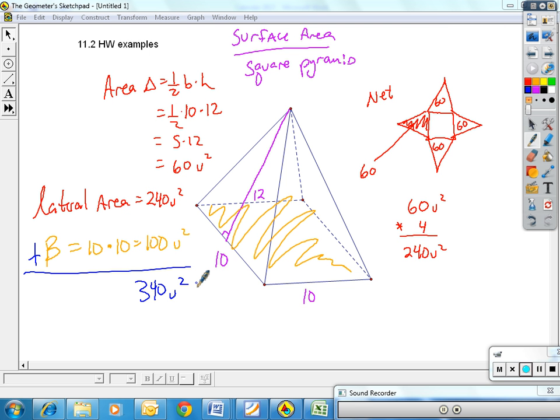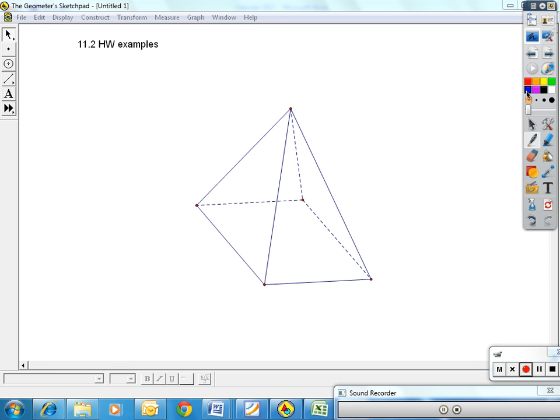Now, the trick of pyramids is, given whatever information you're given, can you find what else is necessary in order to find the areas? So, for example, I'm going to clear this one out, and suppose, again, this was a 10 by 10, but I didn't know the slant height, but I knew this edge was 13. Now, the edge is only helpful insofar as it helps us find something else that is necessary.